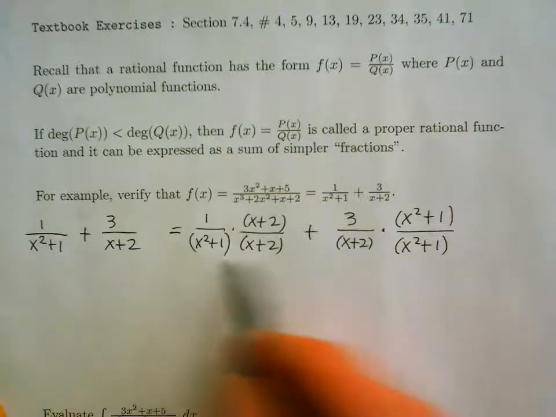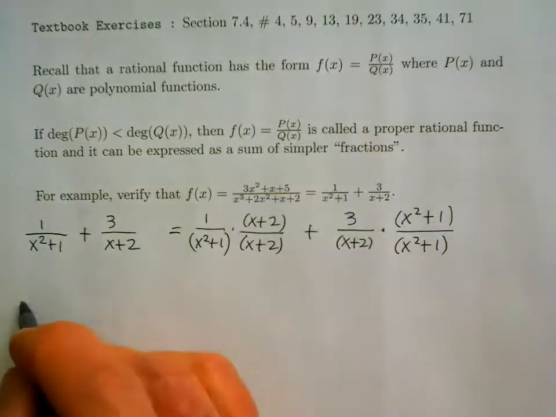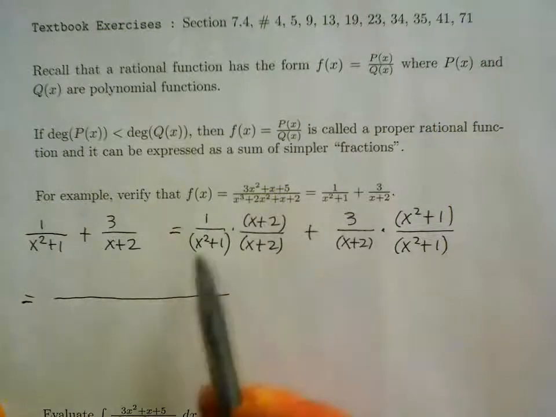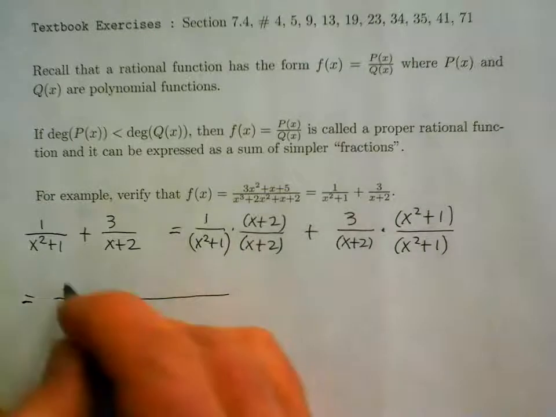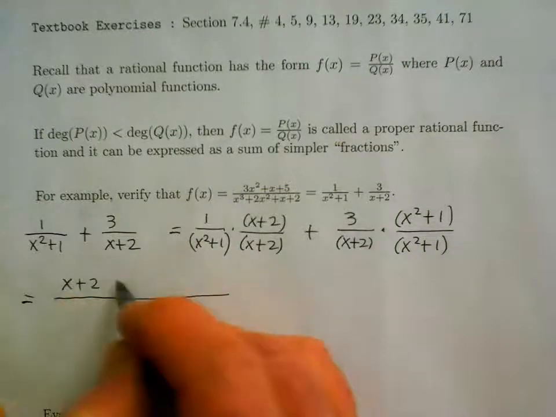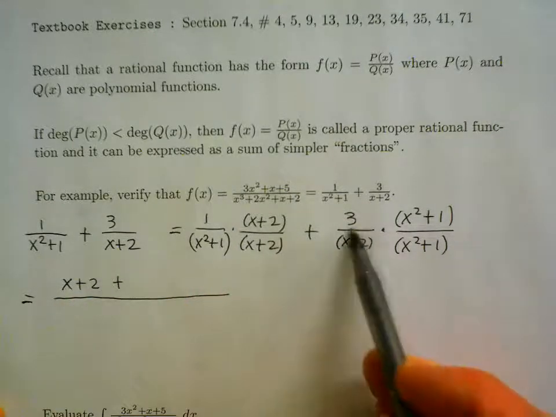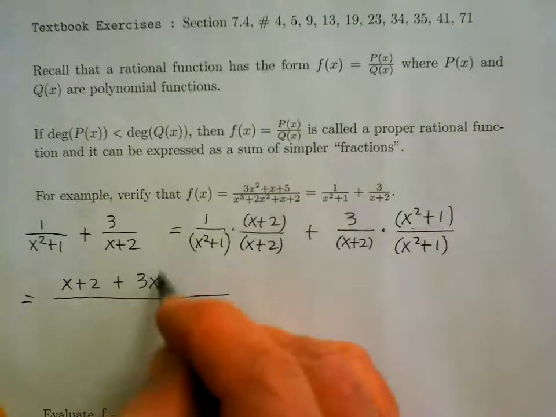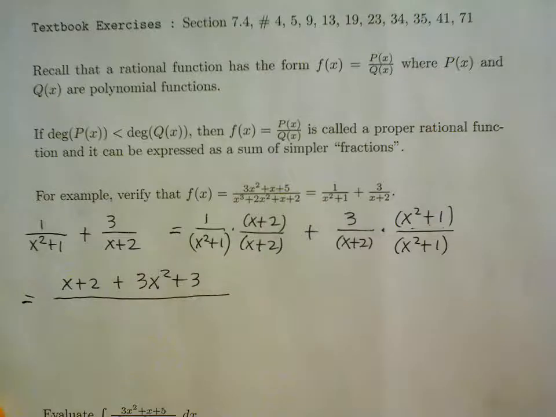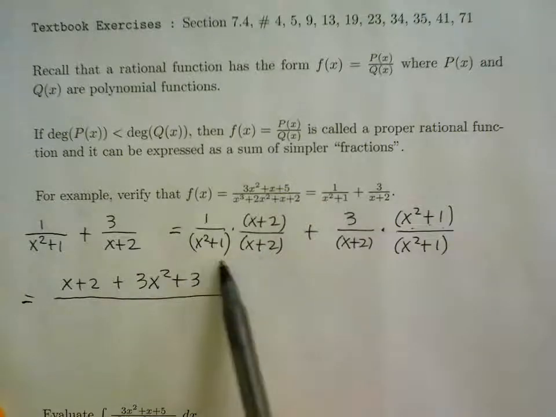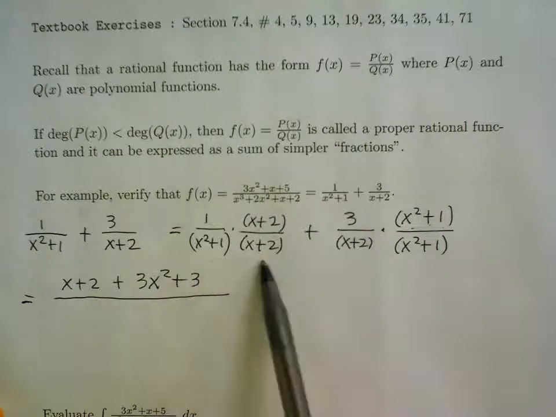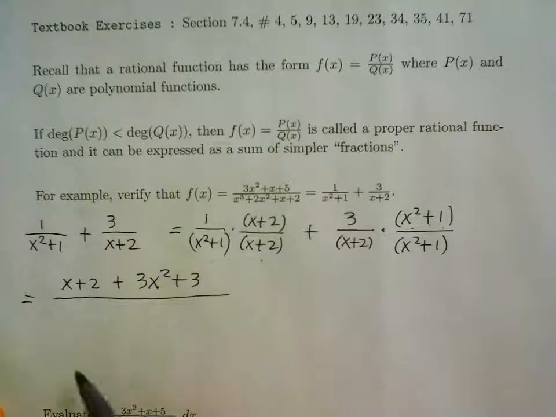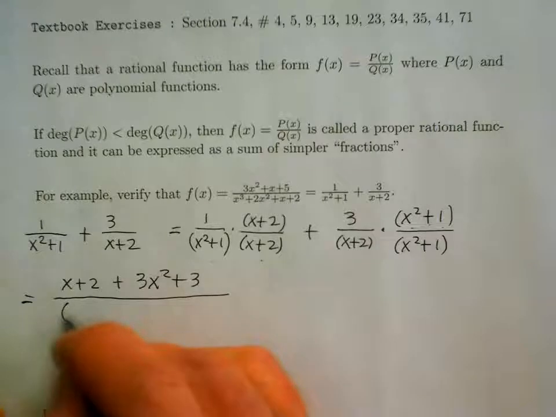And now that the denominators are equal, we can add the fractions. In the numerator, 1 times x plus 2 is x plus 2, plus 3 times the quantity x squared plus 1, which is 3x squared plus 3. And then the denominator, you can leave it in factored form if you want, or you can multiply the two factors. Either way is okay.